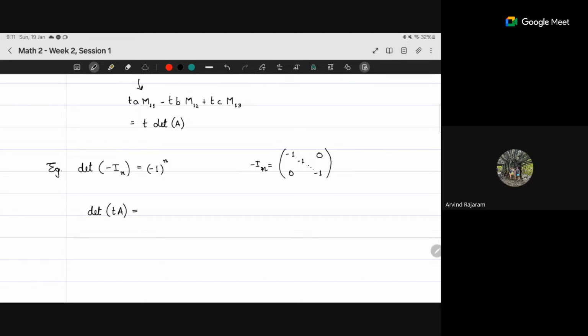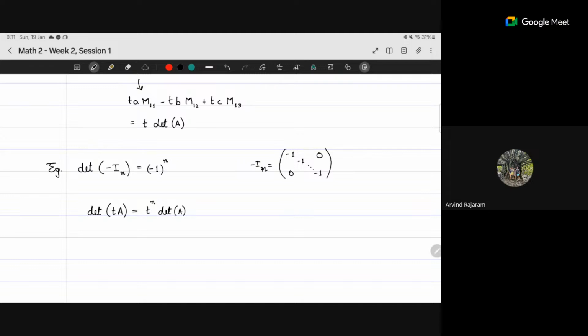Can you tell me what this is in terms of the determinant of A? That would be t raised to the power of the order of the matrix, t to the power n times the determinant of A. This is only for square matrices, right? Yes, whenever we are talking about determinants, it's only for square matrices.